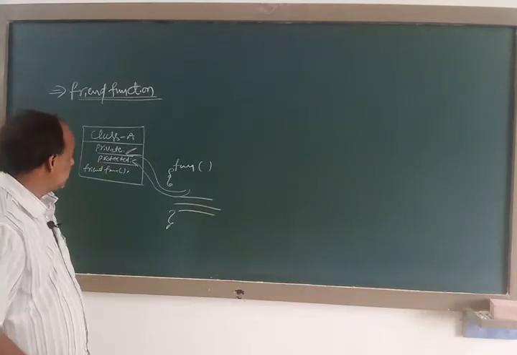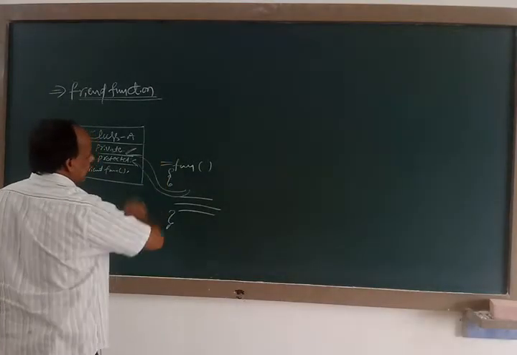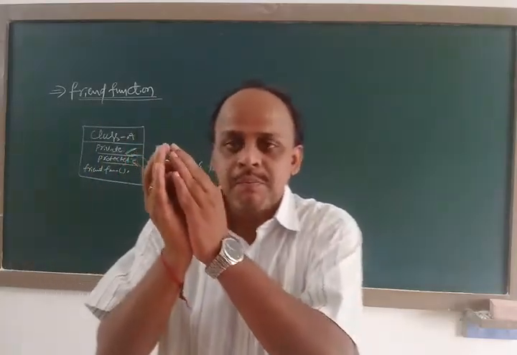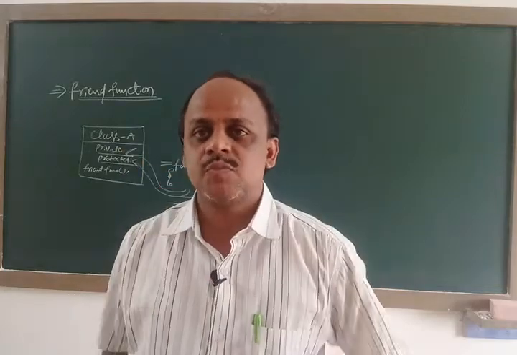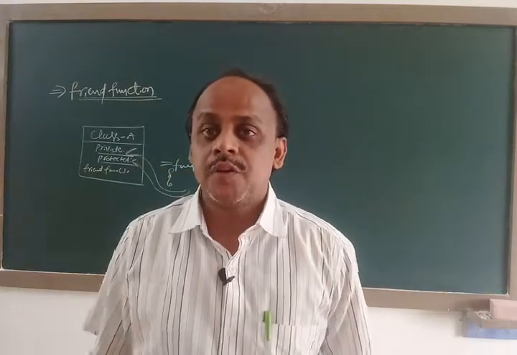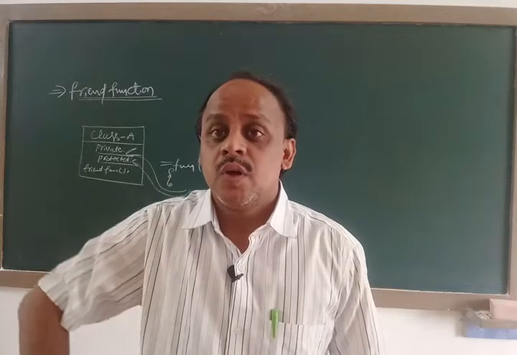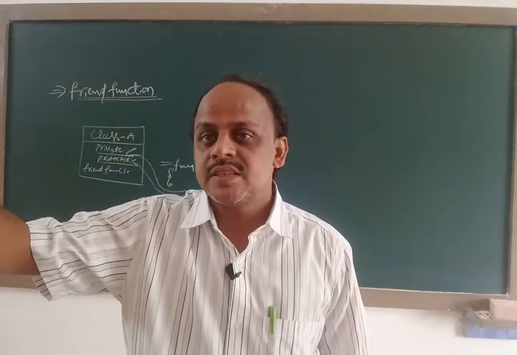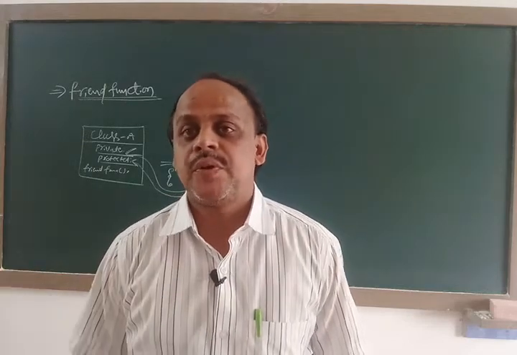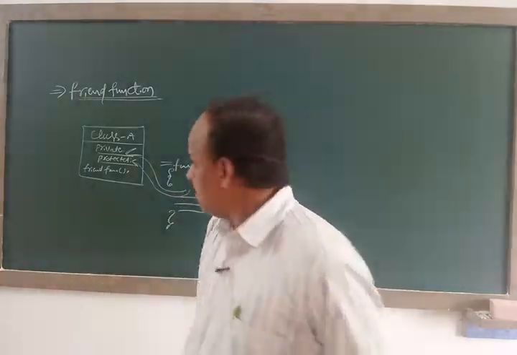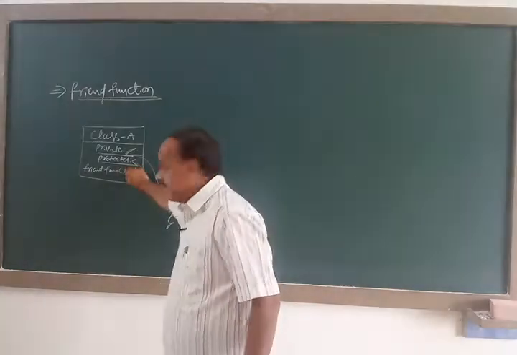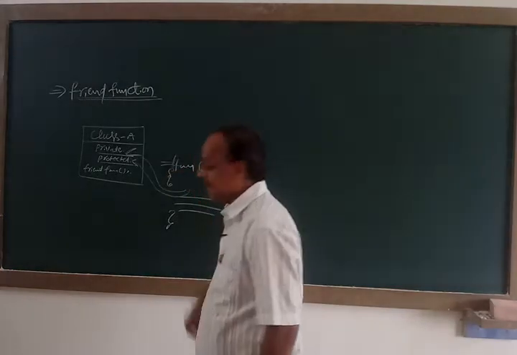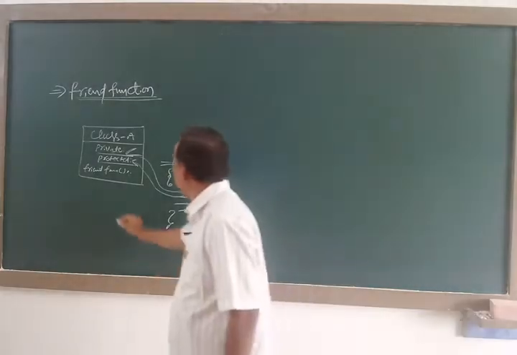And one more thing, without using any scope resolution operator, right? Usually a member function is there in the class, and suppose we want to define it outside the class, how do we define that function of a class? With the help of the scope resolution operator. Here one function is there, we are defining it outside the class, even though we are not using the scope resolution operator here, because it is a friend function.